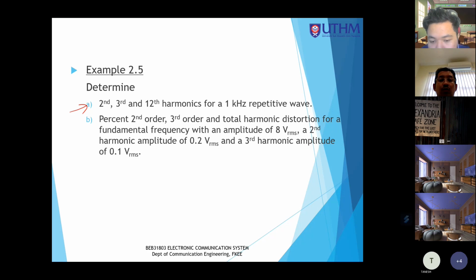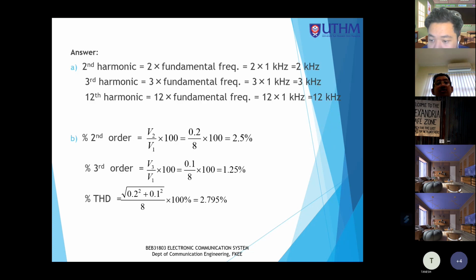Untuk 1 kHz repetitive wave. Where are the locations of the second, third, and 12th order harmonics in the frequency spectrum? Di manakah lokasinya?